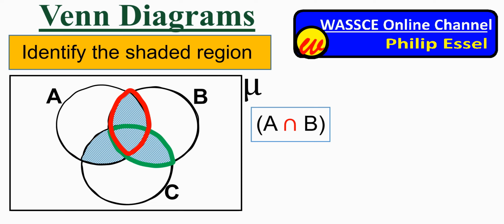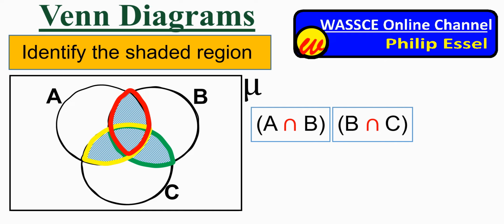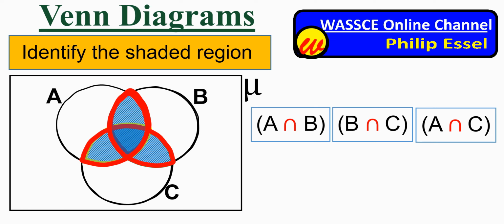This is the second part of the region. I believe you remember that this region is B intersection C. Now, this is the last part of the region. And I hope you remember that this region is A intersection C. As you can see, the three regions have been merged together to form one unit.